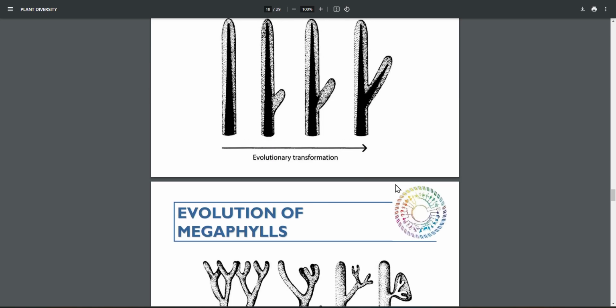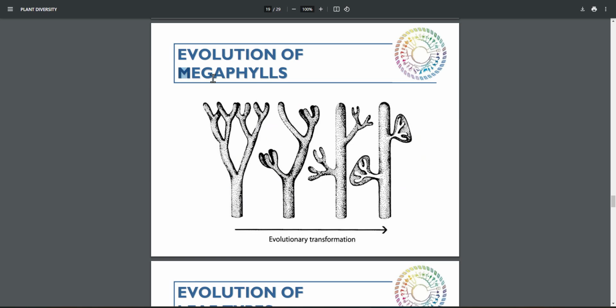And this one is probably easier to explain. For megaphylls, originally they were highly branched branches of the plant, but some parts shrunk and became smaller. But the xylem and phloem are still very branched out and expansive. And then one single stem grew into this central one, and so you end up with this.